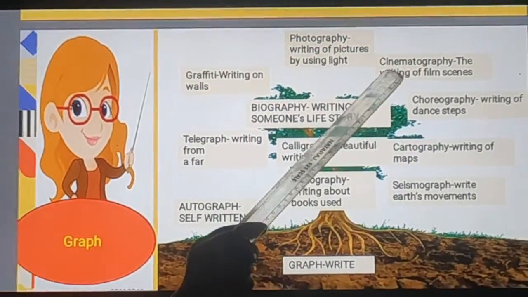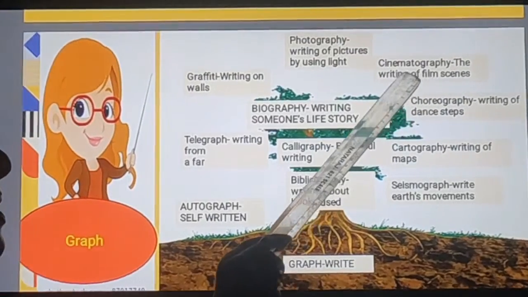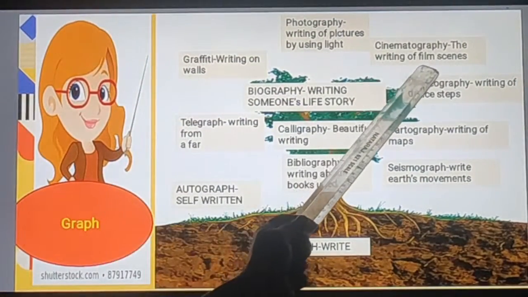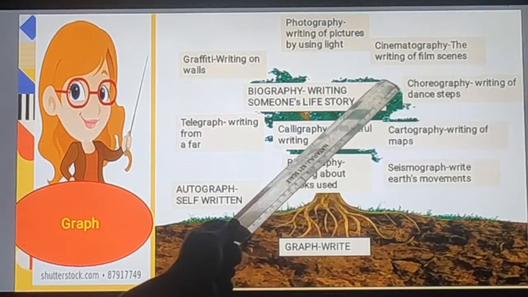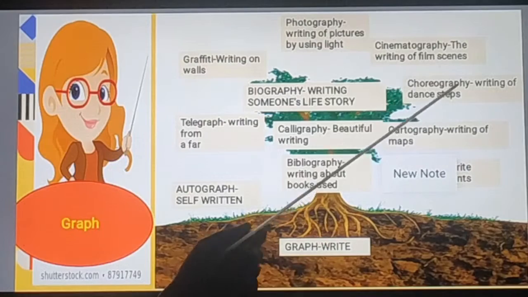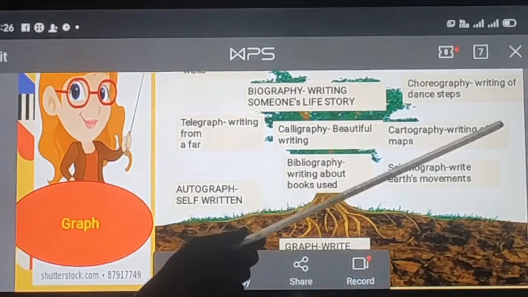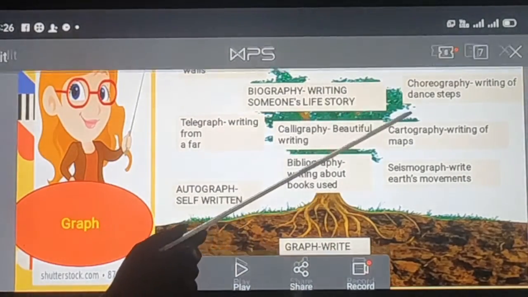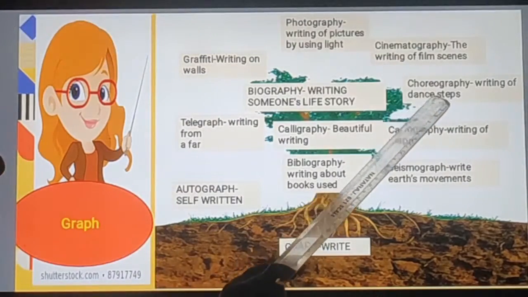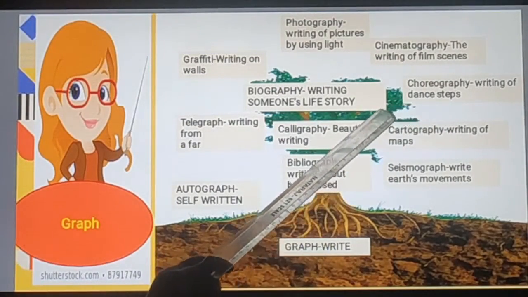And next one, cinematography. Cinematography means the writing of film scenes. Movie scenes. So many scenes are in movies. That is called cinematography. And next one, choreography.